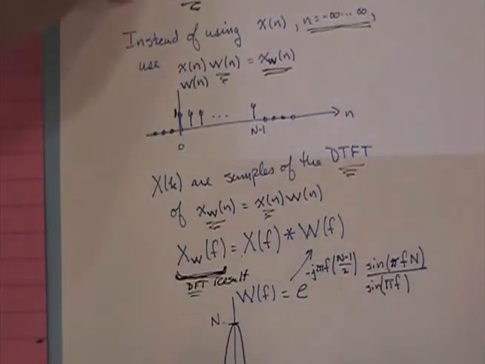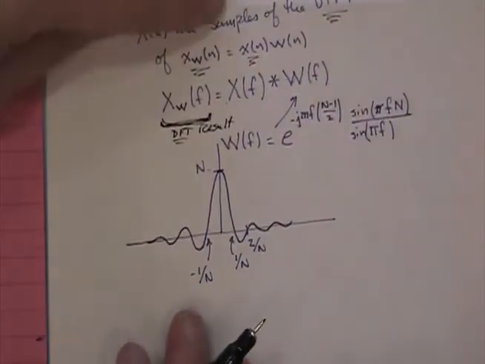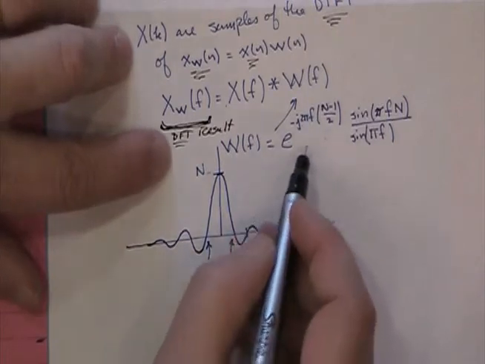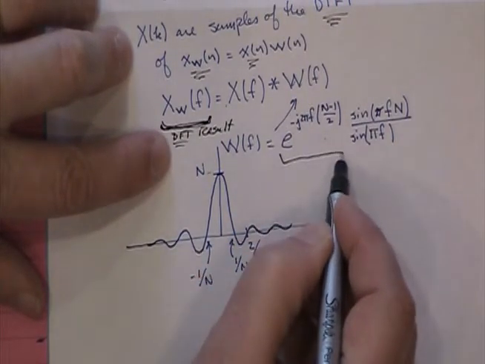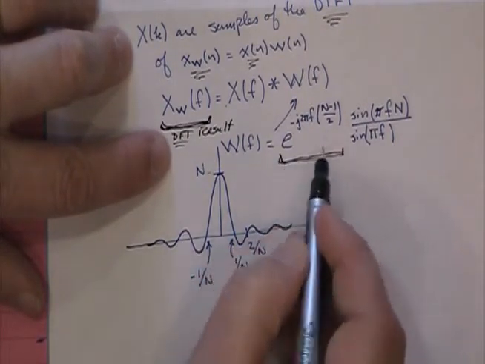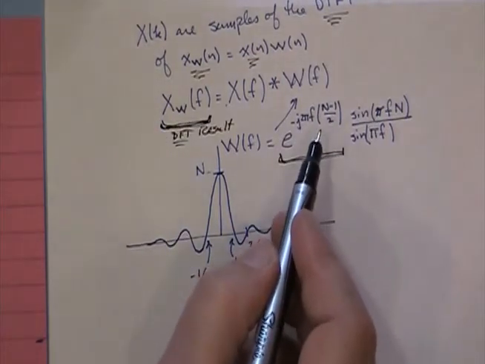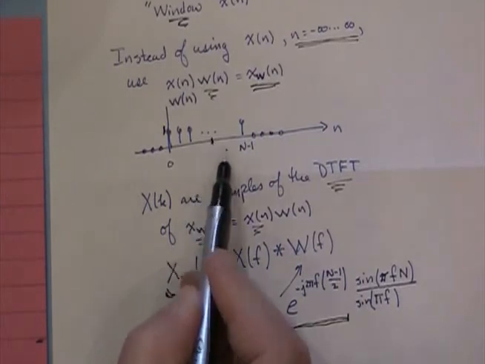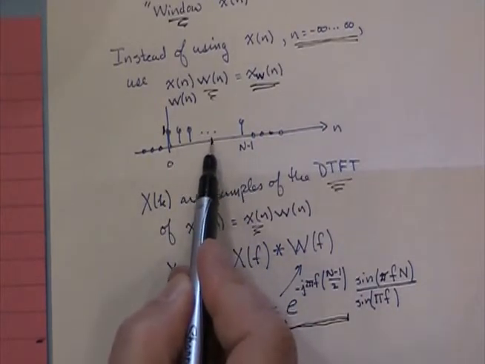Well, we could do some work to figure out the DTFT of this window function. It ends up being, there's a phase shift that makes it complex, right? Basically there's a phase shift here that says I've got a time delay of the signal by n minus 1 over 2 samples.